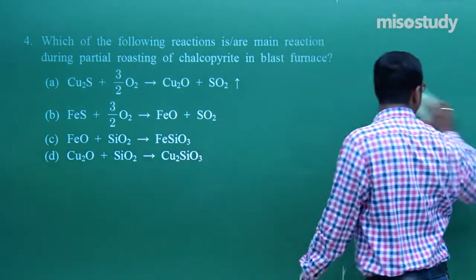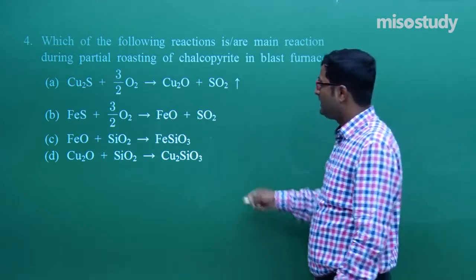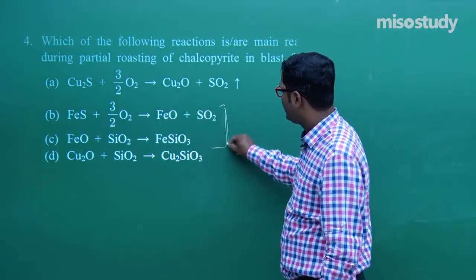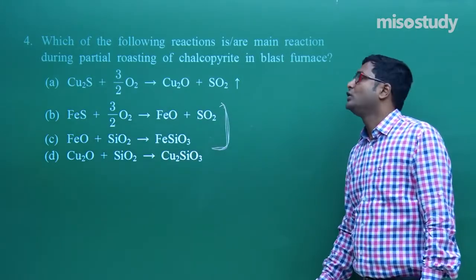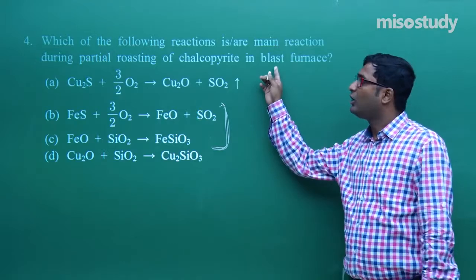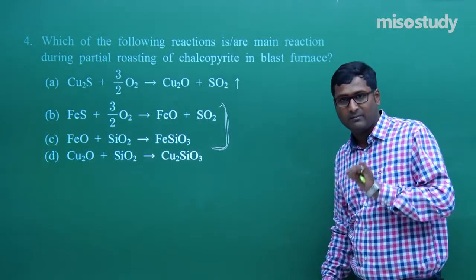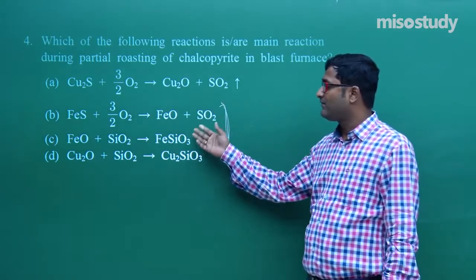So again this is the reaction in the blast furnace. In the blast furnace, only these two reactions are possible. Clear? And you all know the complete extraction method of copper. Remember this? For the blast furnace, removal of FeS and FeO.